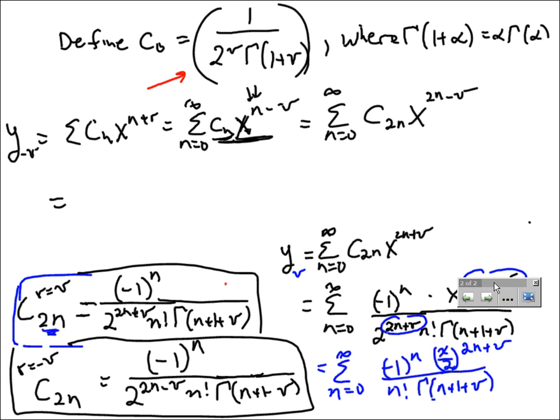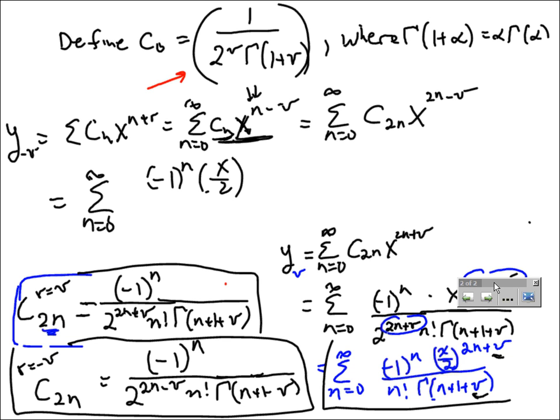We're going to get pretty much what we got down here, except v will be negative v. Instead of plus v, it'll be negative v. So summation that then goes from 0 to infinity of negative 1 to the n times x over 2 to the 2n minus v all over n factorial times the gamma function of n plus 1 take away v.